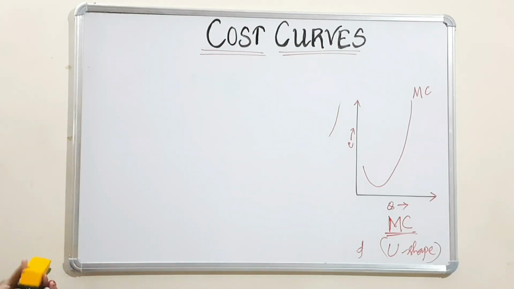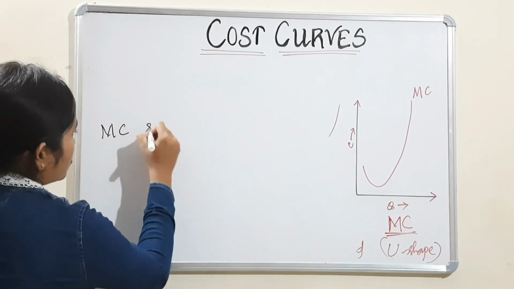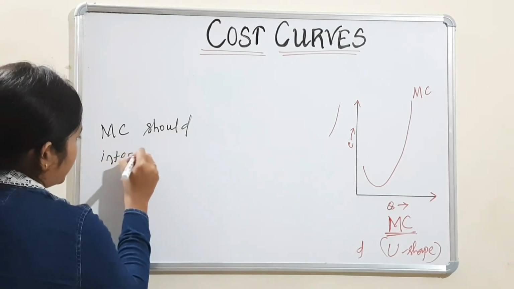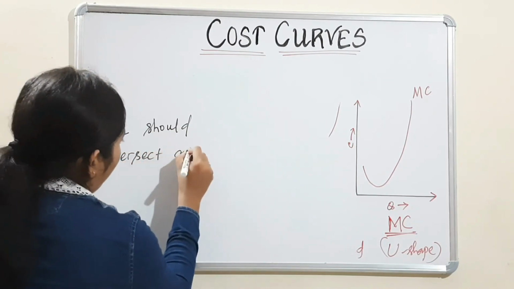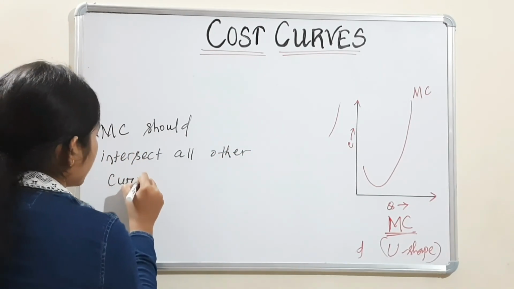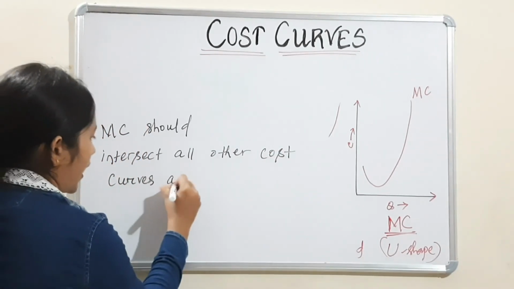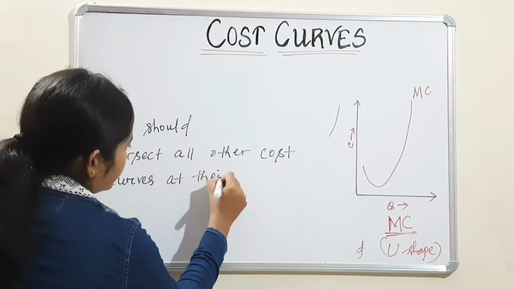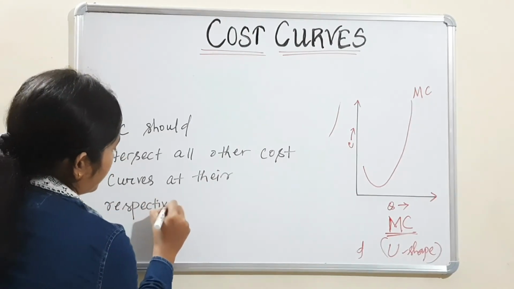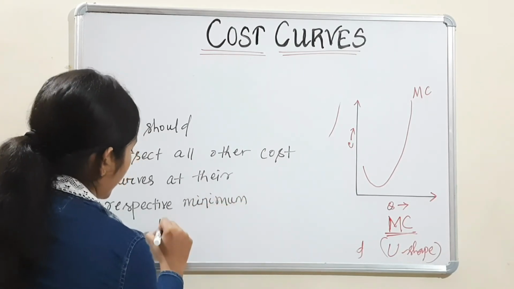Note down this one: marginal cost should intersect all other cost curves at their respective minimum points.